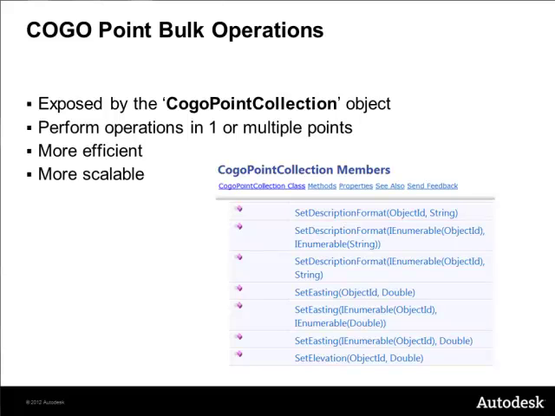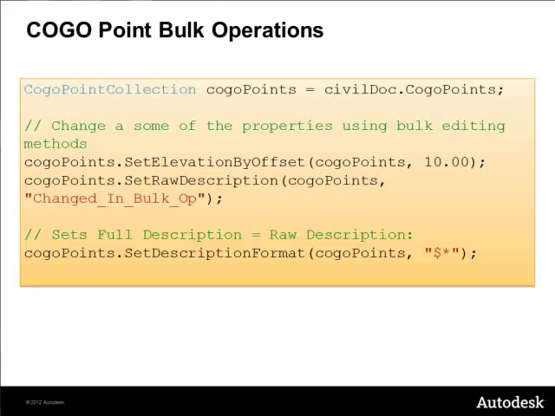Bulk operations for Cogo Points are very powerful and efficient. When working with Cogo Points, you want to find ways to make edits in bulk, better than opening each of the individual objects. The interface exposed through the Cogo Point collection class allows you to write efficient code for editing Cogo Points and provides greater flexibility on how the edits are performed.